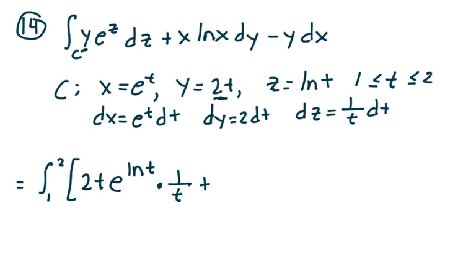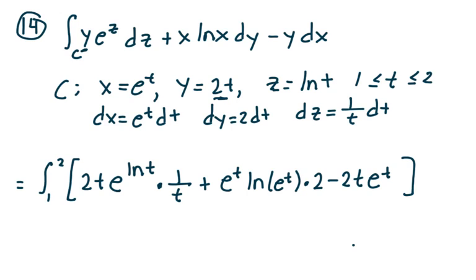So I'm going to go plus x, which is e to the t, natural log of e to the t, dy is 2 dt, so I'm going to go times 2. Minus 2t, and then dx is e to the t dt. So I put the dt on the end.